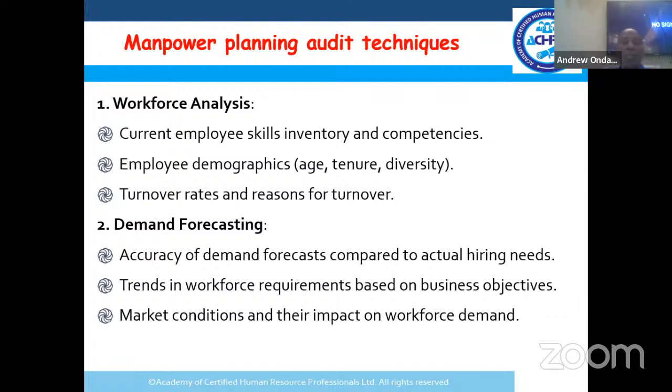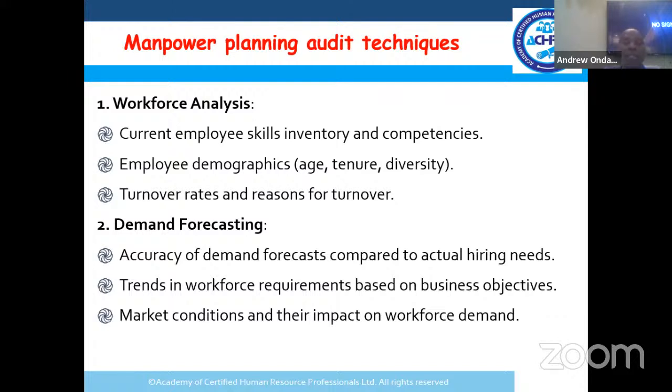So to start with, there is workforce analysis. Workforce analysis is similar to conducting a headcount or a skills inventory. A headcount will give us the numbers of people who are in various departments.